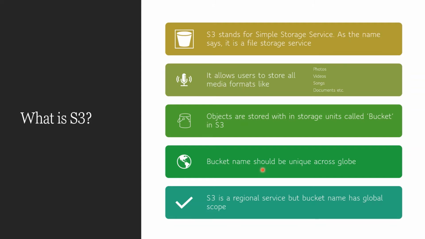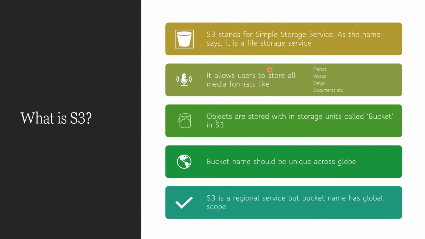So S3's main feature is that bucket names must be unique across the globe. S3 is a regional service, but the bucket name has global scope. A bucket name cannot repeat for two users.